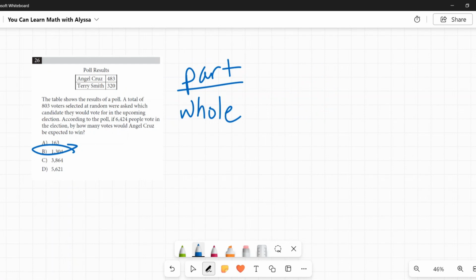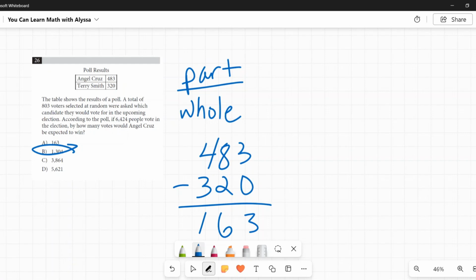So in that first one, Angel got 483 and Terry Smith got 320. So Angel in that poll won by 163 votes. So that ratio, the number of votes he won by, to when there were 803 voters.